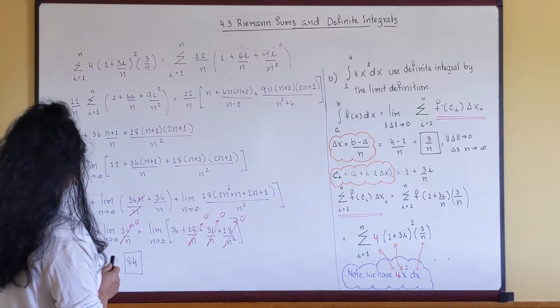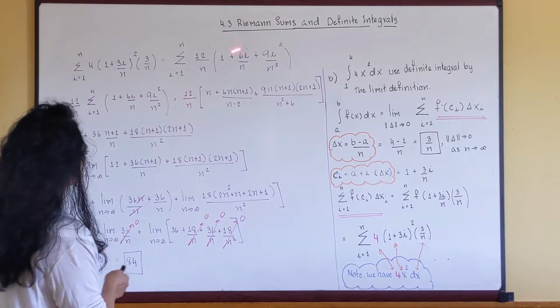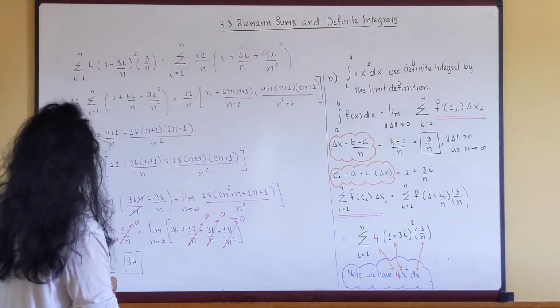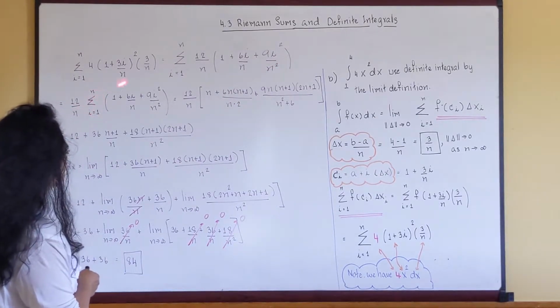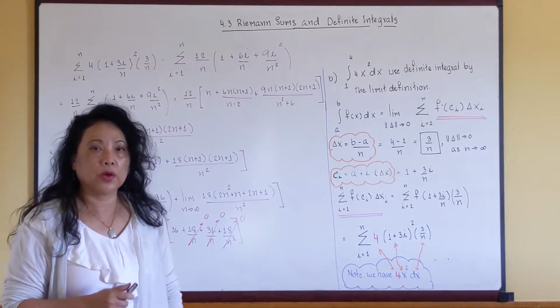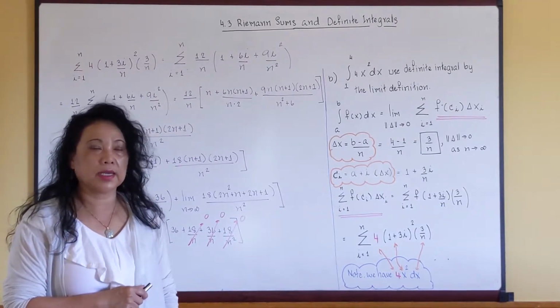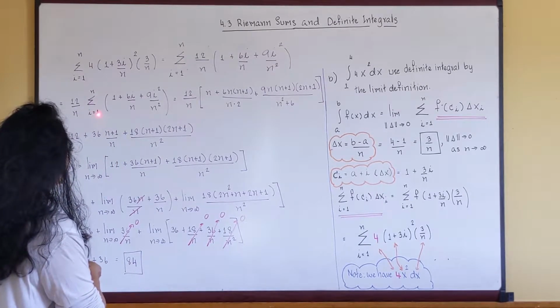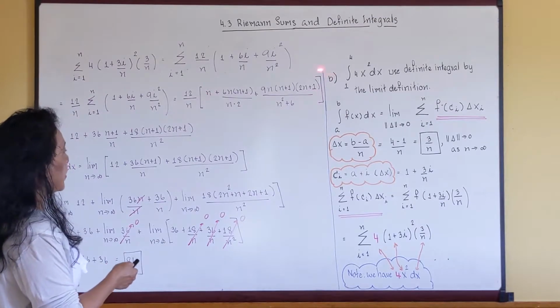The next step I did was use the definition of sigma from the previous section. If you go back to the previous section, I gave you the definition of sigma when you have variable i from 1 to n, and I expand it.